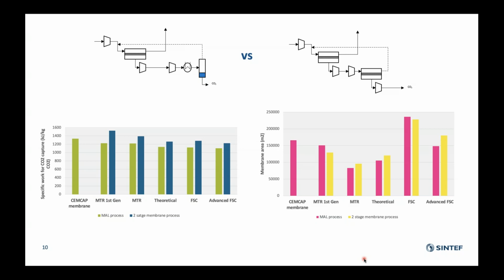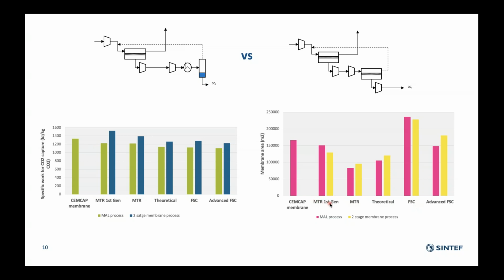For the two-stage membrane process, it doesn't appear there is a pattern, whereas there is. The MTR first generation membrane actually requires a higher membrane area for the two-stage membrane process, as do the FSC membranes, and the reason in both these cases is that they have very low permeance.